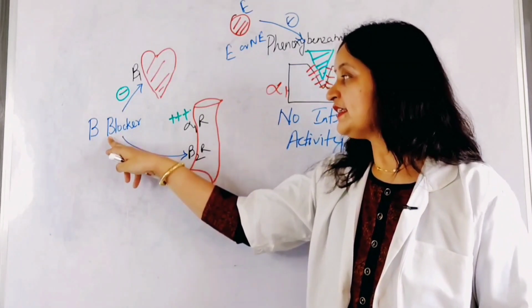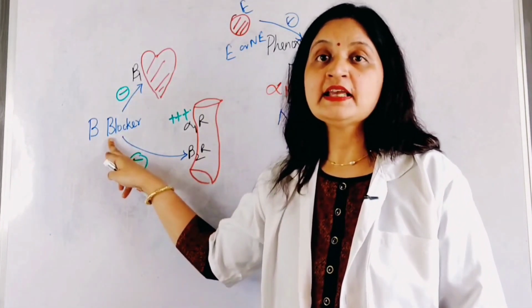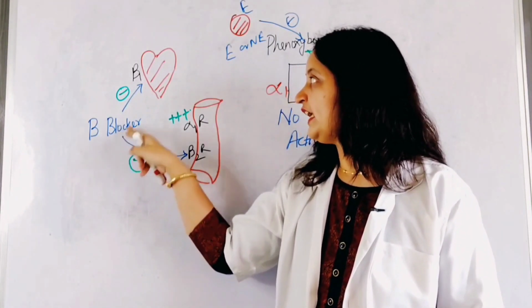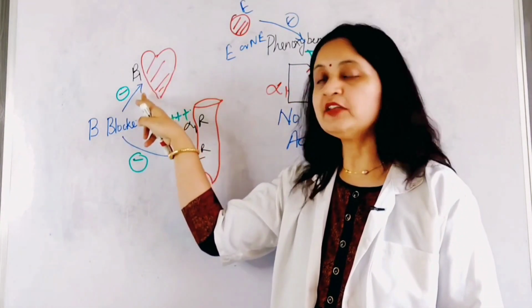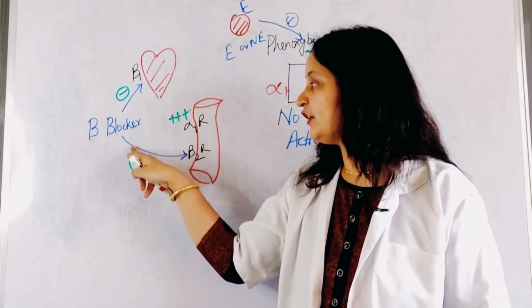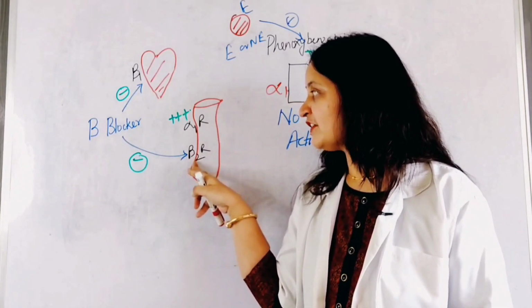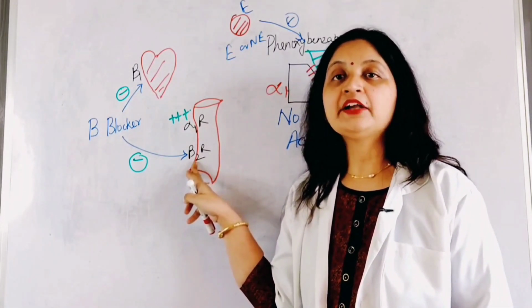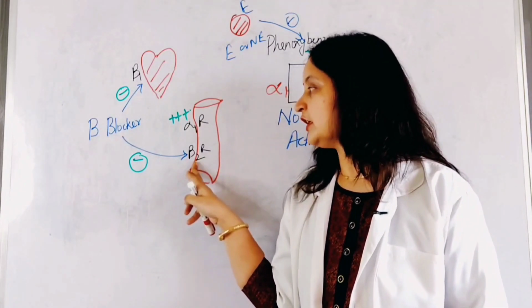Now, if beta blocker is administered alone, that is, in the absence of an alpha blocker, a beta blocker will inhibit the beta receptors of the heart, inhibiting tachycardia, and also it will inhibit the beta-2 receptors of the blood vessel, which is responsible for relaxation and causing a fall in blood pressure.